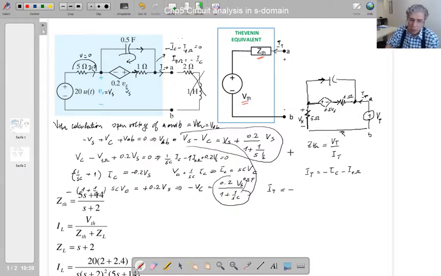That means capacitor, isn't it? What I am saying is that Vx minus Vt over 1 over Sc, that's the impedance, gives me that current, so that Ic. So what I am saying is this, make it red. This current is this current.